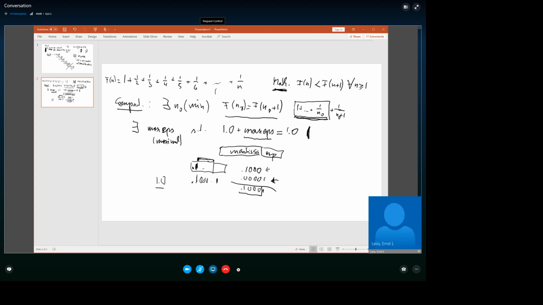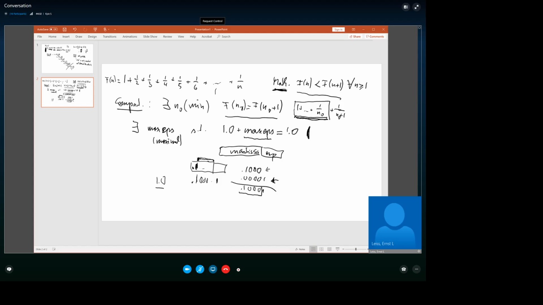Now, that, of course, is not the kind of thing we would like to see, because we know mathematically that f of n is always less than f of n plus 1 for any n.